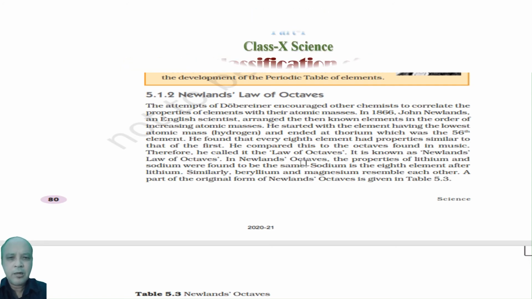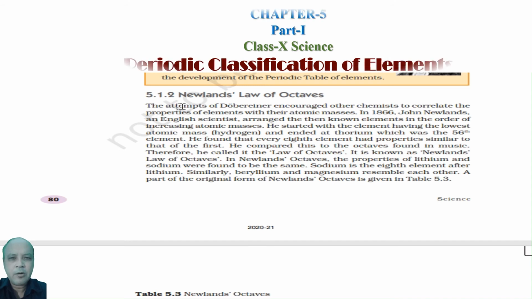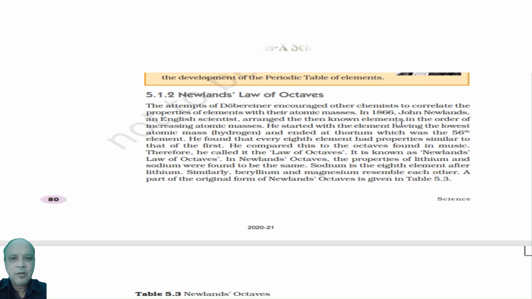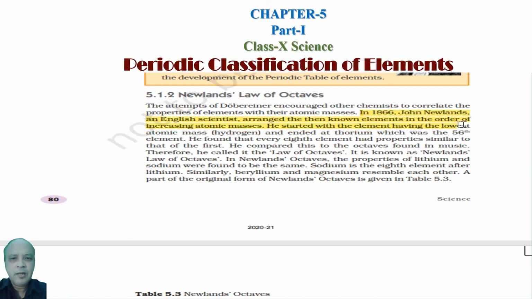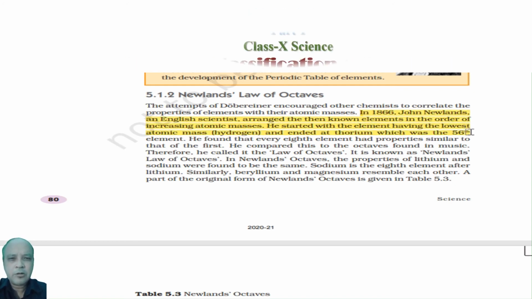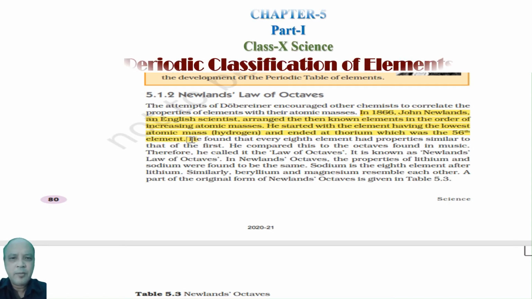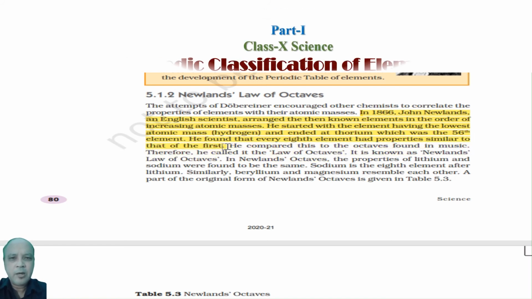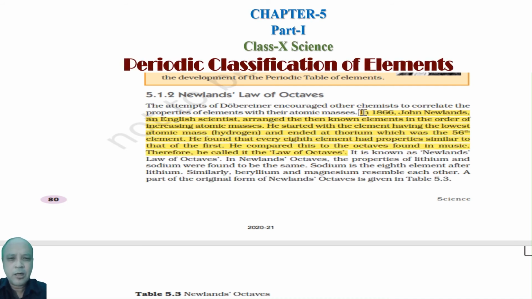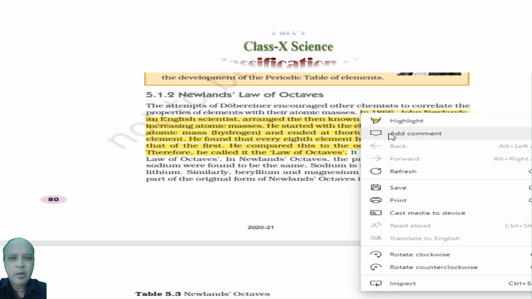So if anybody asks you to explain Newlands' law of octave, what will you say? You can start from 1866, the lowest element, and ended in thorium. He found that every 8th element had the properties similar to the first.